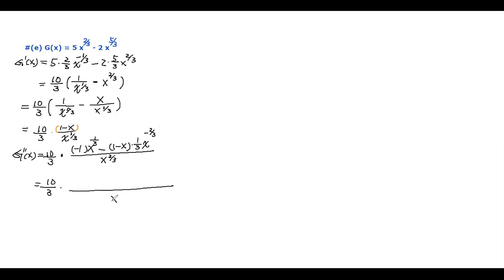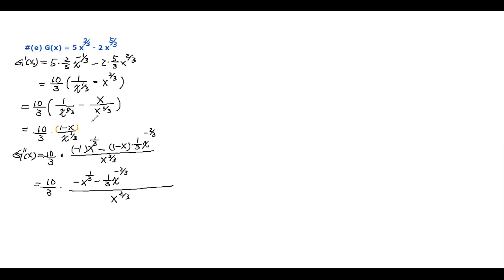So this is x to the 2/3, right? Okay, so this is negative x to 1/3. Now I FOILed it, right? So I FOILed it, so this is negative 1/3 x to the negative 2/3. Then negative is positive, right?